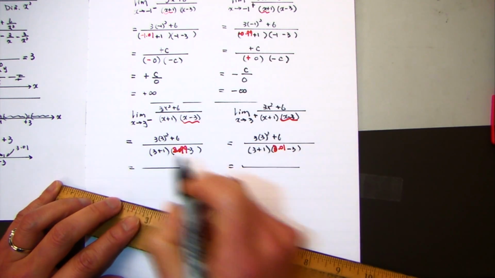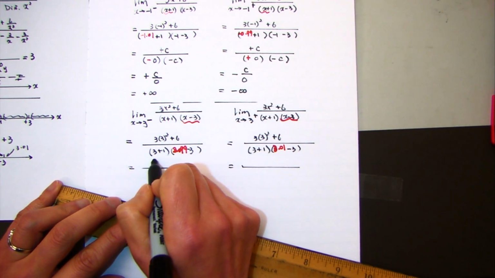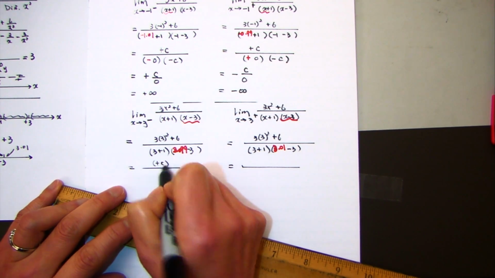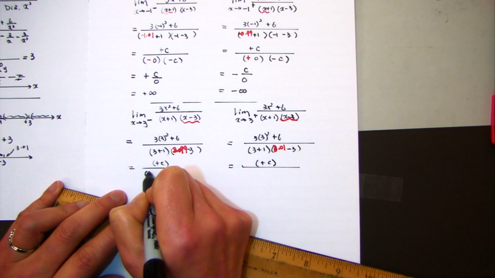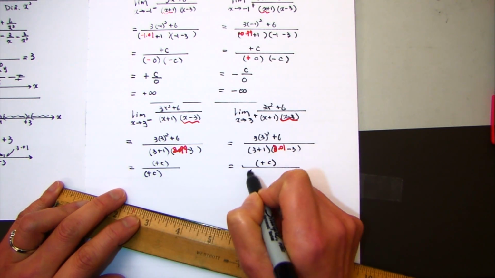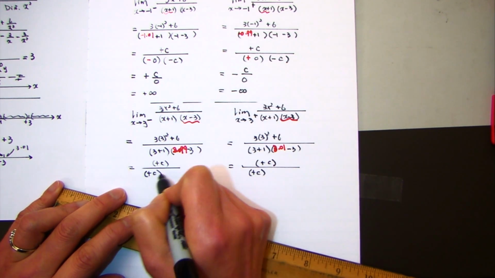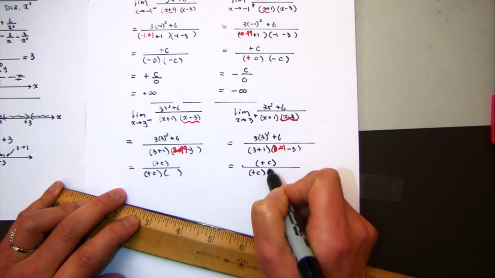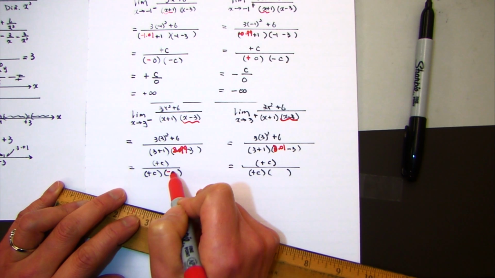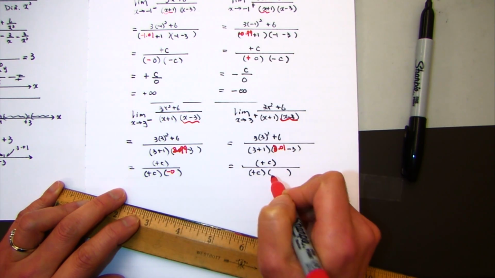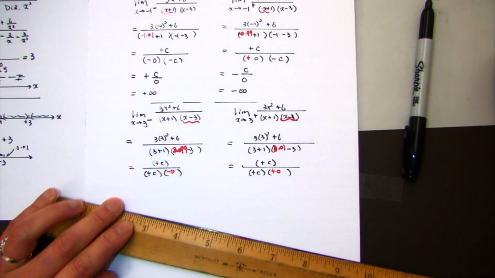So when you write the constants, just use signs. Positive constant and positive constant. Now the zeros, pay attention. This is a negative zero, and that is a positive zero.